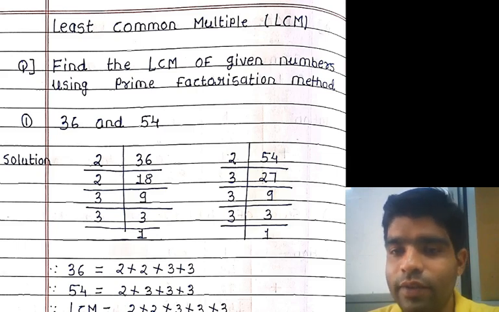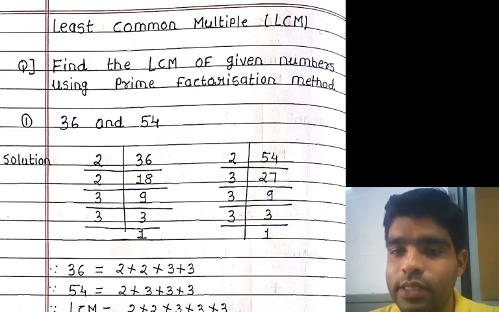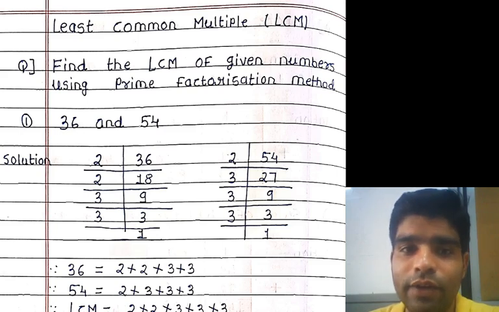So we write 3 in the fourth row. Then 3 is also divisible by 3 because 3 ones are 3, and we write 1. So your last answer is 1.